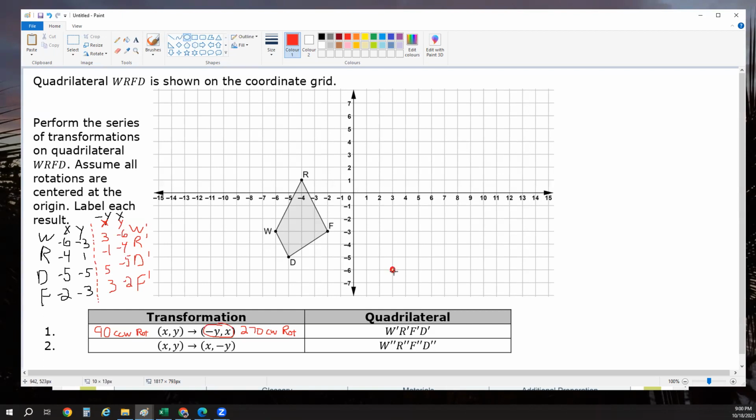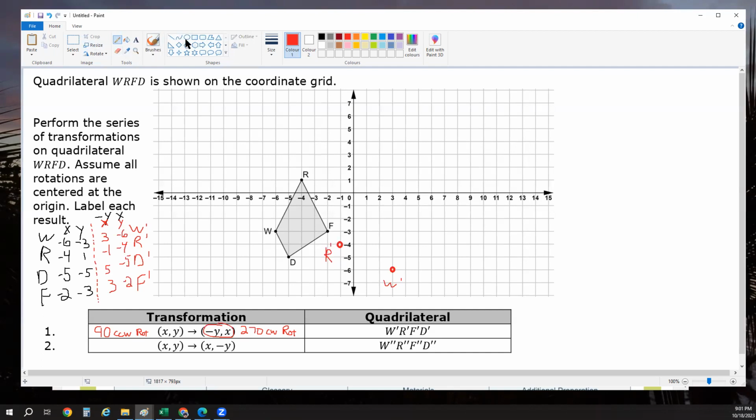That's right there. That's W prime. And then our next one is -1, -4, and that is R prime.